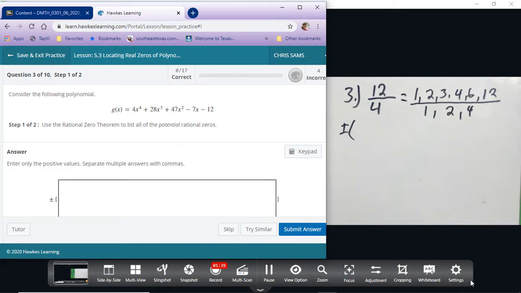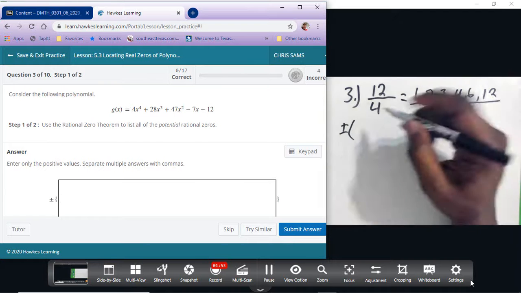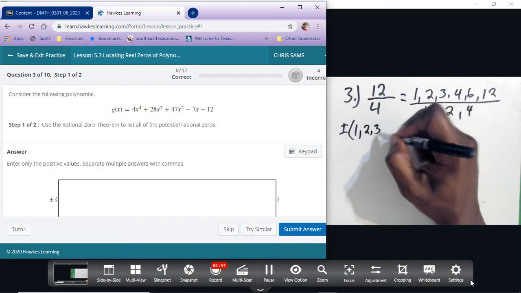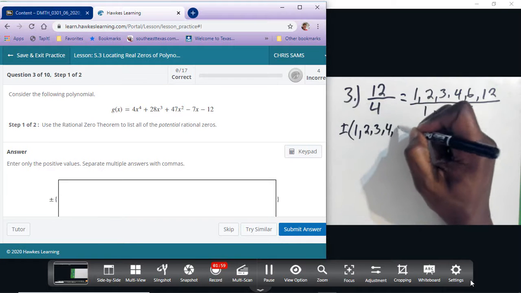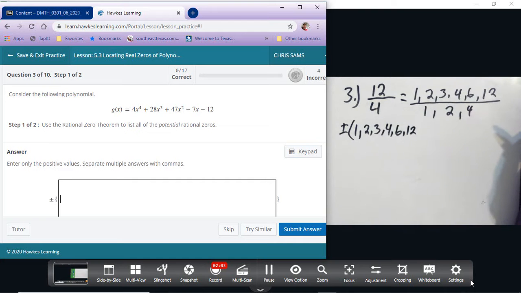They're in increasing order. It doesn't matter, okay? But what I will do is I will just take all of these numbers, divide by 1, all of these numbers divide by 2, and then all of these numbers and divide by 4. Okay, so dividing all of these by 1, we will get 1, 2, 3, 4, 6, and 12. We just get everything that's on the top.